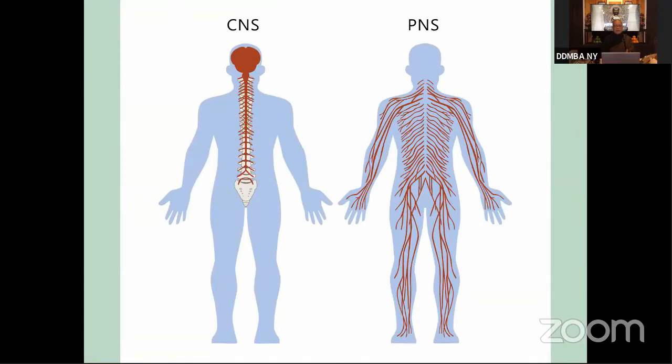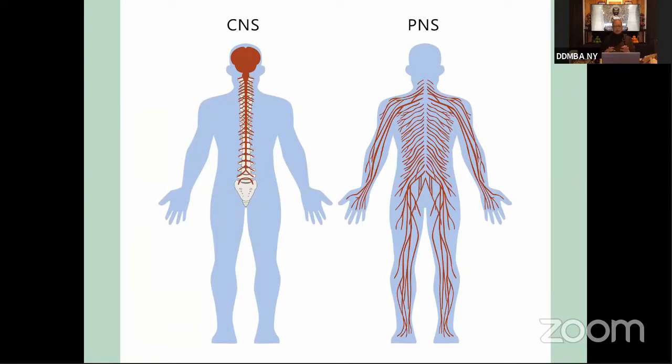From the scientific point of view, our nervous system has two parts. One is called the central nervous system. The other is called the peripheral nervous system. As you can see, the central nervous system is majorly on our spine and the brain.